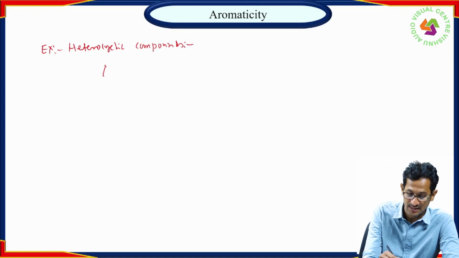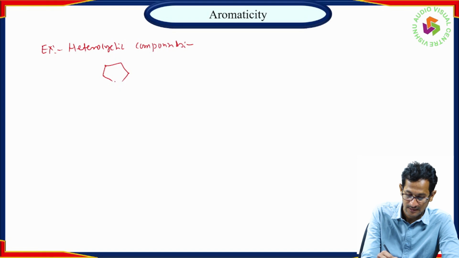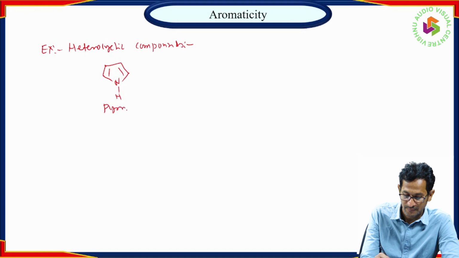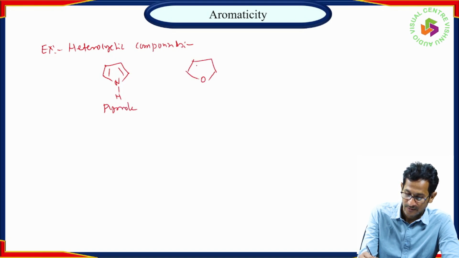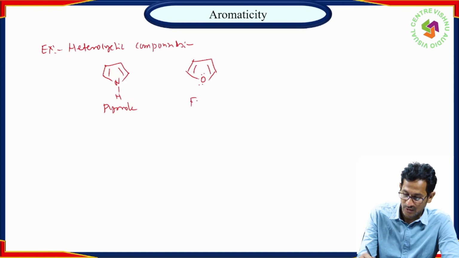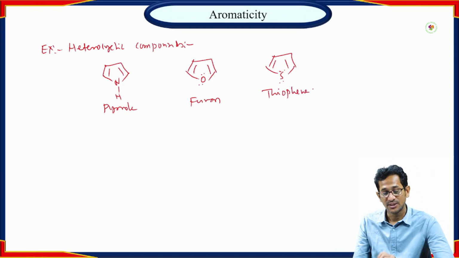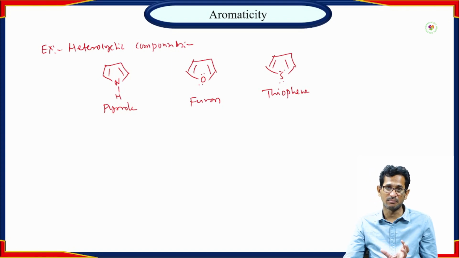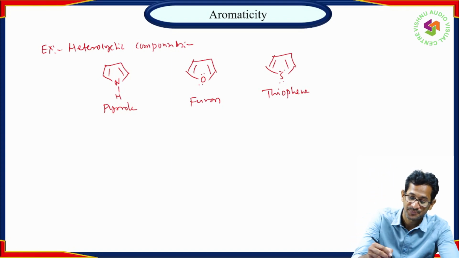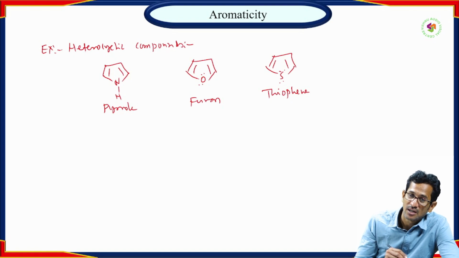Heterocyclic compounds like pyrrole, furan, thiophene. Pyrrole, furan, thiophene. So these are the 5-membered heterocyclic compounds. Heterocyclic compounds means different types of atoms in the cyclic structure.